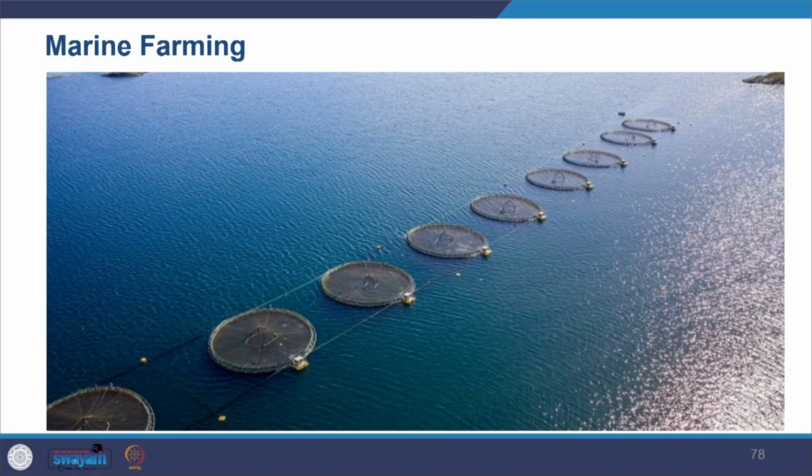We had seen a range of impacts when we studied the environmental status. Marine farming has high potential to lower the water quality, because of the cages which are created, and one relies on chemicals and pest control and so on, a lot of medication.